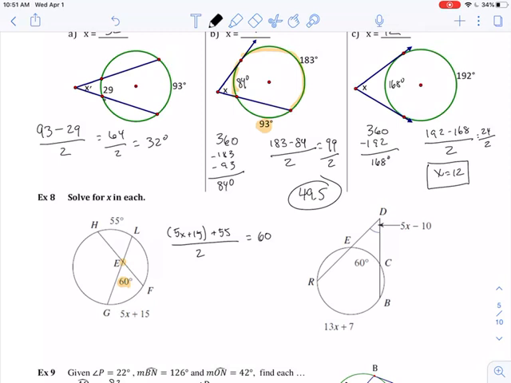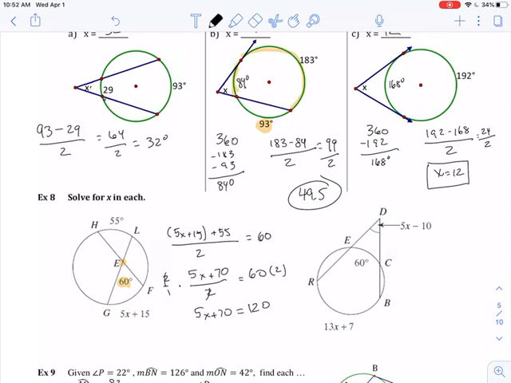I would just combine my like terms here. So I'd have 5x plus 70 divided by 2 equals 60. And again, to get rid of that, I want to multiply 2 to both sides to keep it balanced. That'll cancel out my fraction. So then I end up with 5x plus 70 equals 120.